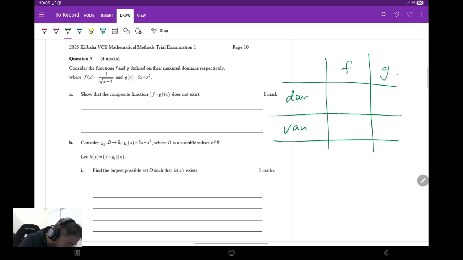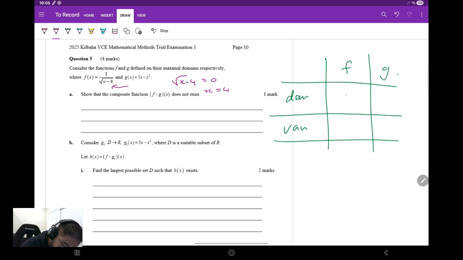So for f, I've got a square root underneath on the bottom, so I need to work out what my maximal domain is. Let's solve x minus 4 equals 0, so x is equal to 4. The question is, is it going to be to positive infinity or negative infinity? In this case it's positive infinity, because if we go to negative infinity, this becomes a negative square root and it becomes undefined.